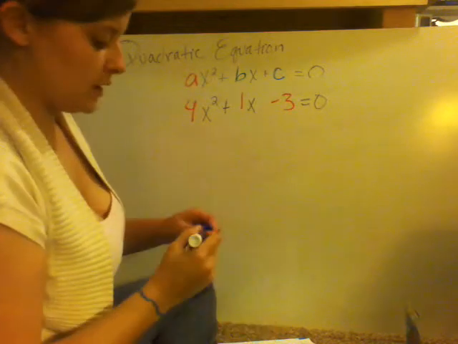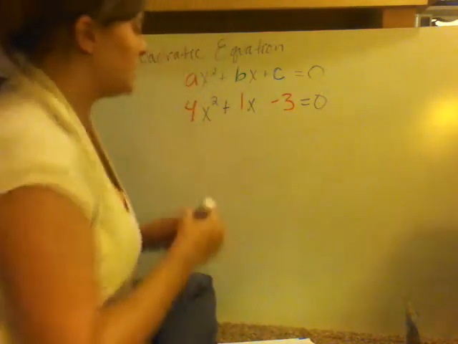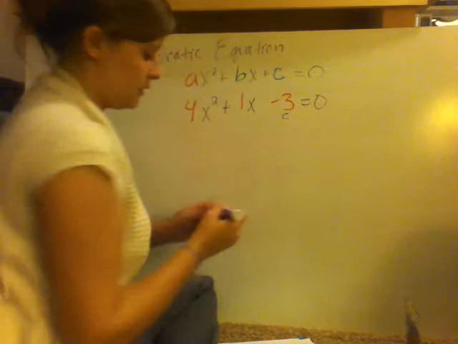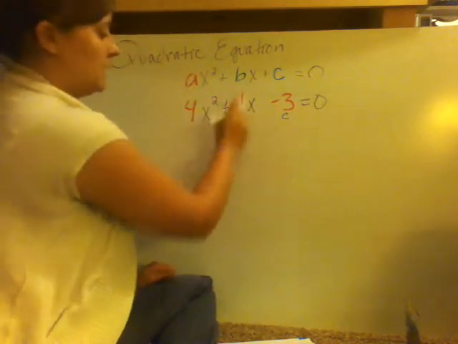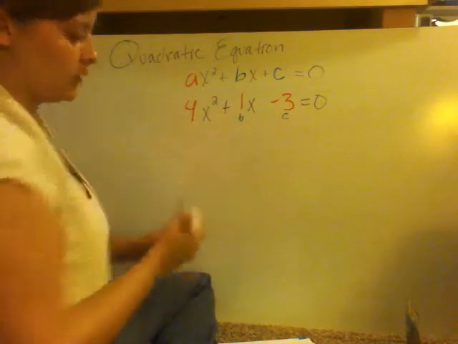Okay, so this is my equation, which means this is my c right here, and this is my b. Alright, so basic setup. Look how I lined it straight up with the regular equation.